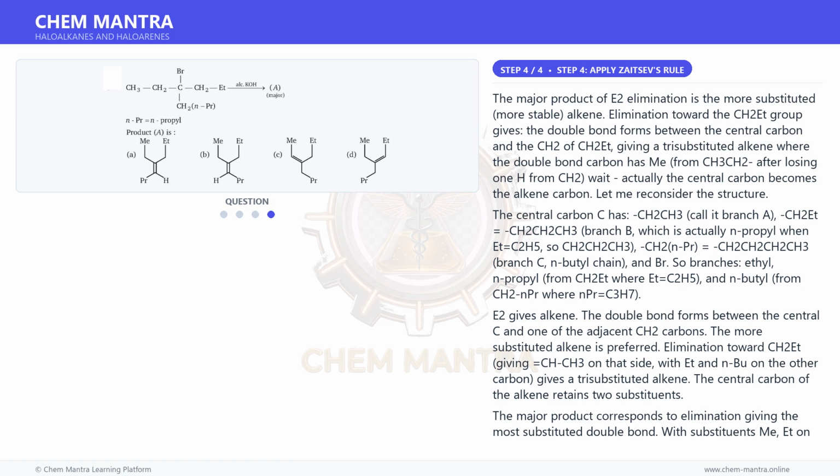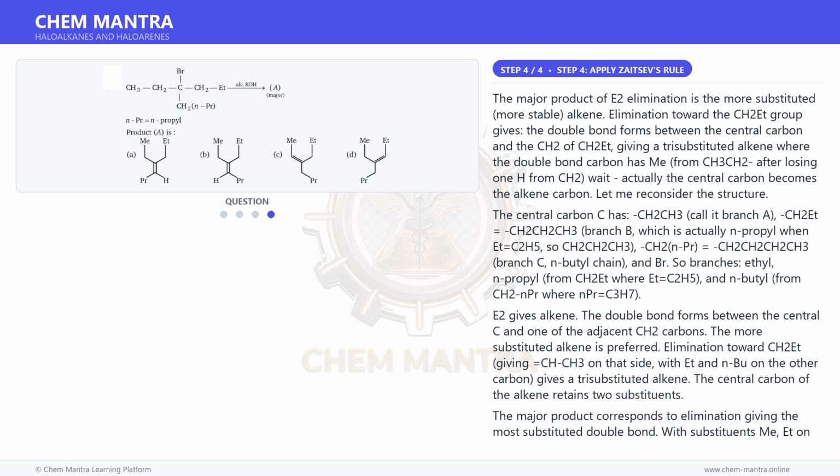The major product corresponds to elimination giving the most substituted double bond, with substituents Me, Et on one carbon and Pr on the other carbon of the double bond, as in option C, where the double bond carbon bears Me and Et, with the other carbon bearing CH2Pr. This is the most substituted alkene, trisubstituted overall considering all groups.